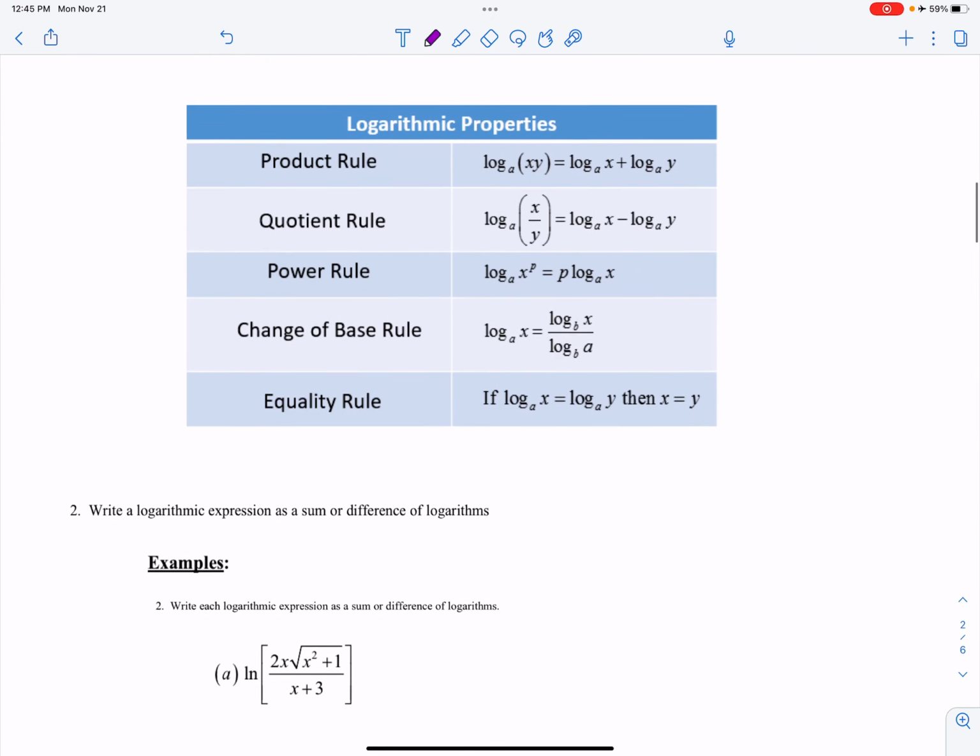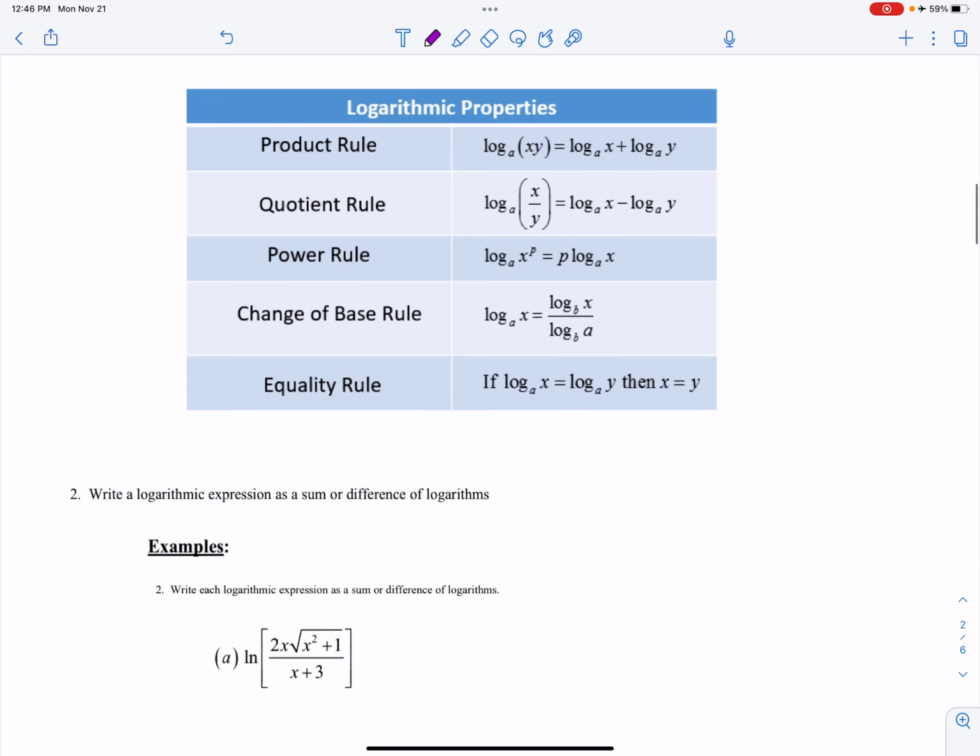Okay, moving right along, we want to rewrite expressions into a sum or difference. So here we're going to be using our same properties, but now we're going to take one giant monster looking logarithm and break it up and spread it out.